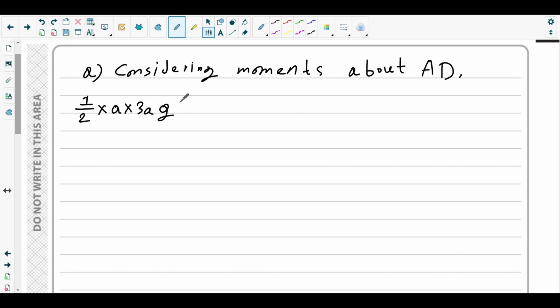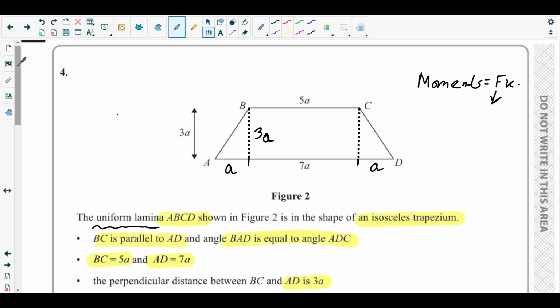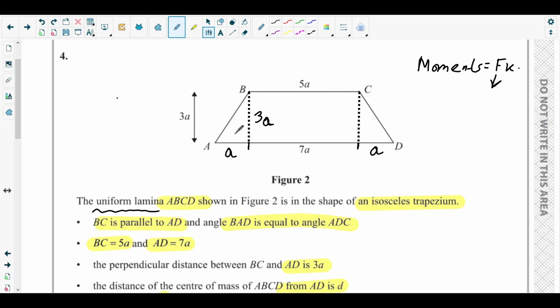Okay, and the perpendicular distance of the center of mass of this triangle is the average of the y coordinates of the three vertices. What do I mean? For a triangle, the center of mass is at a point situated at the average of the coordinates of the three vertices.